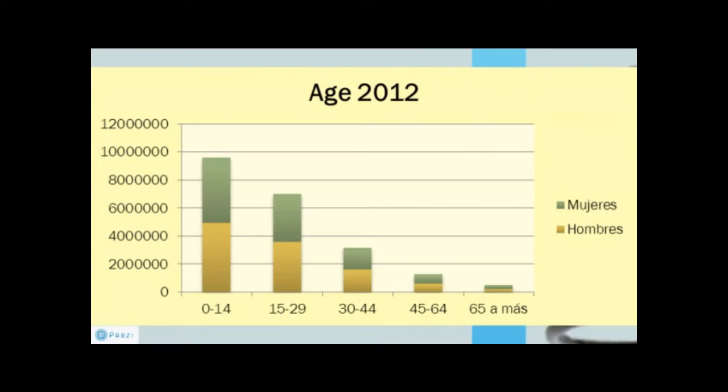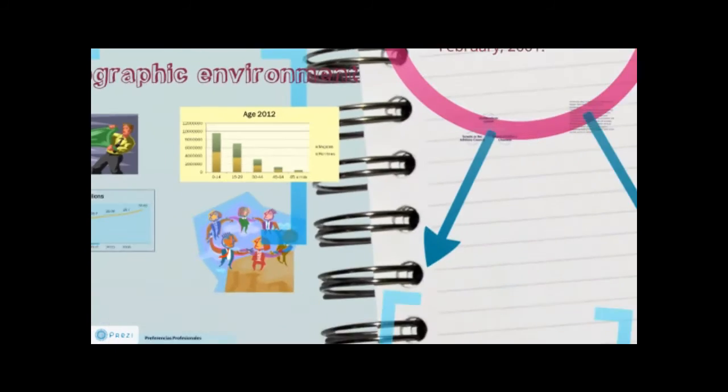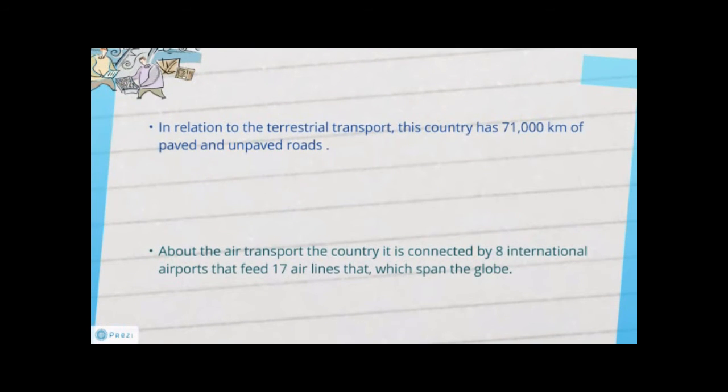The population of men and women is almost the same, and most of them are below 15 years. Now, in relation to terrestrial transport, this country has 71,000 kilometers of paved and unpaved roads. About air transport, the country is connected by 8 international airports that feed 70 airlines which span the globe.